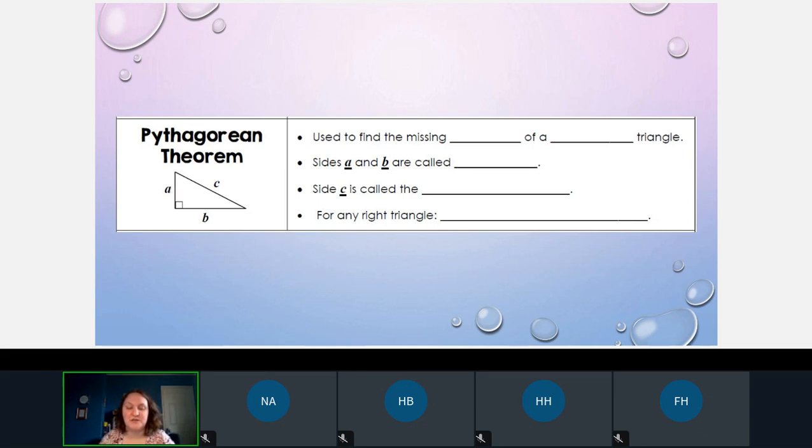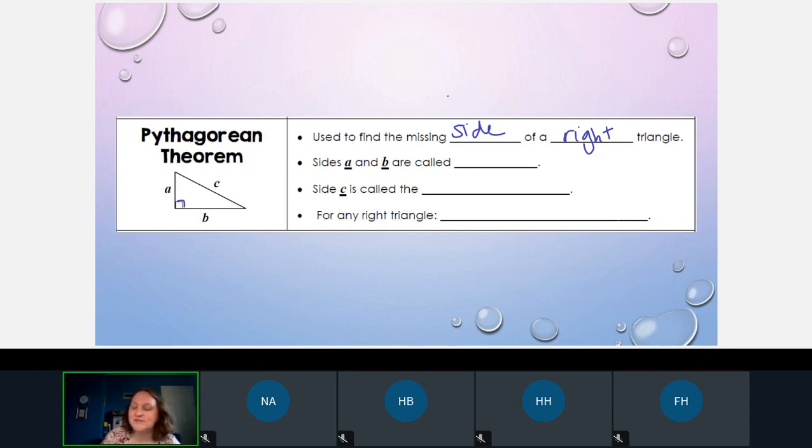We've learned the Pythagorean Theorem at one point in time, and we really use that to find the missing side of a right triangle. Okay, so that's very important. It has to be a right triangle. And what makes it a right triangle? Well, having a 90-degree angle.